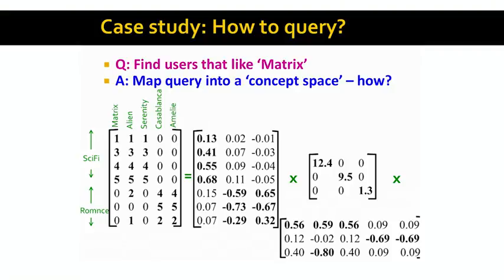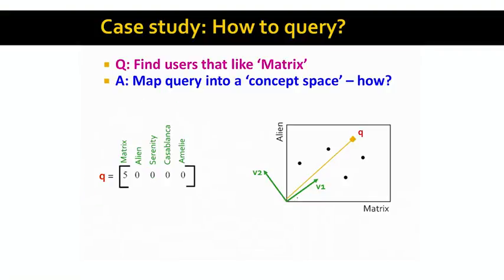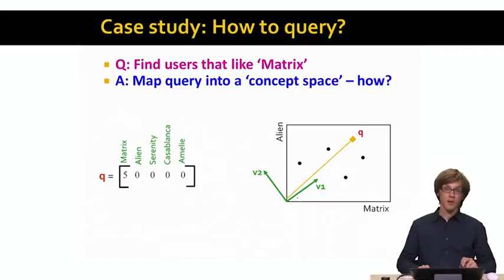The answer to this question is that basically we want to map our query point into the concept space. We are given our data, users to movies matrix A, right? We do the SVD of it. And what we want to do now is we are given our query point. Our query point Q is simply, let's find all the users that like the movie Matrix.